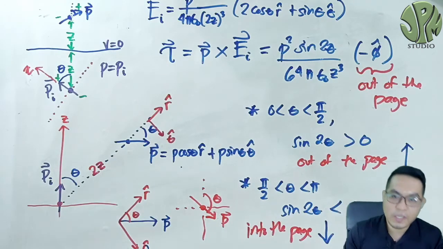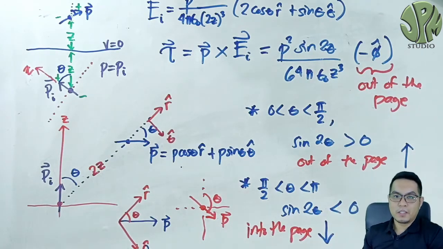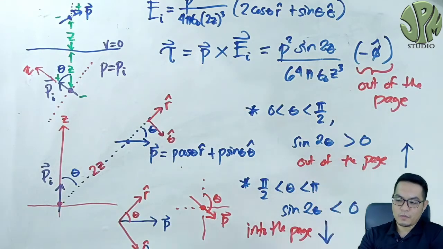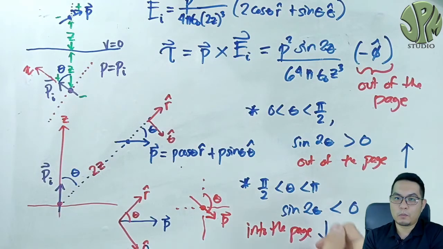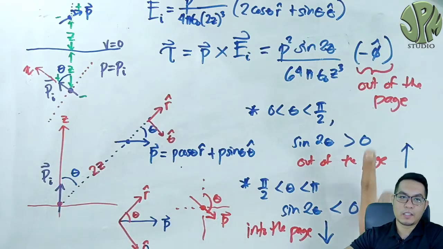So there are two cases here, depending on the initial value of your theta. If theta is from 0 to 90 degrees, then the torque is out of the page and it will rotate counterclockwise, and the final orientation of your dipole will be upward, directed up.